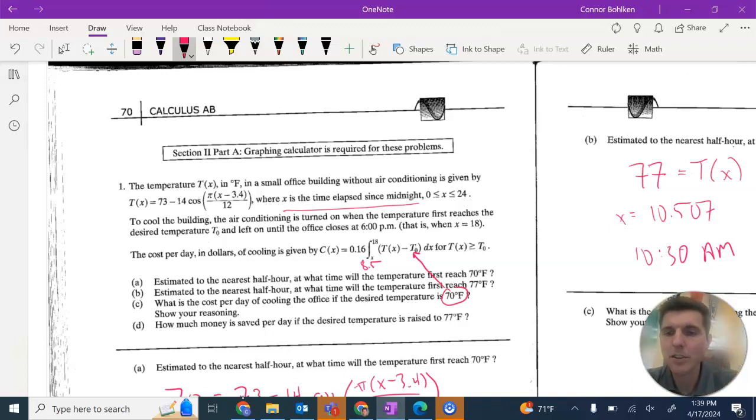And this is a case where if you're typing it into your calculator, I would really recommend using the VARS menu to pull back up T of x here, instead of typing that whole thing into your function. So put that in your y2 probably, or y1, wherever it is, and then reference it on your calculator. If you still want to practice that, let me know, we can.